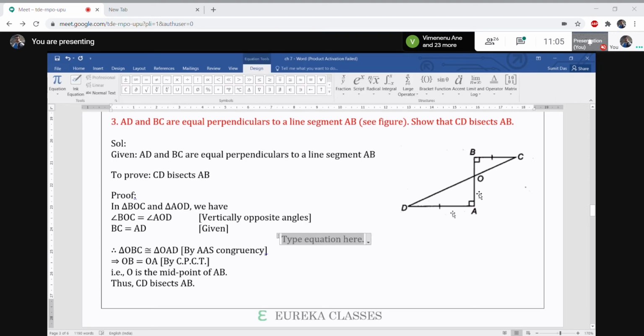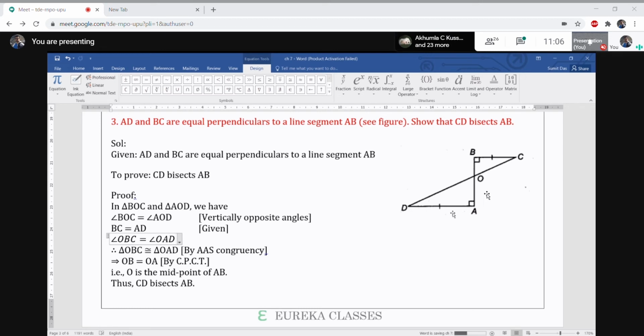Now angle OAD. Or write OBC first. OBC equal to angle OAD.